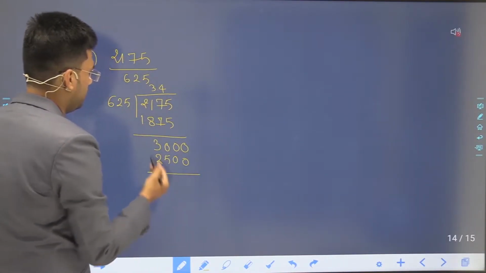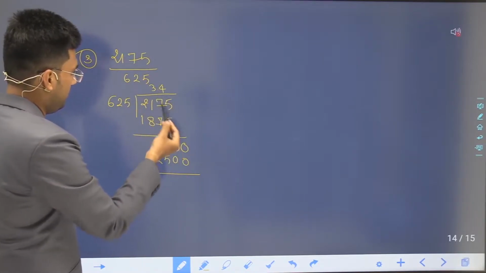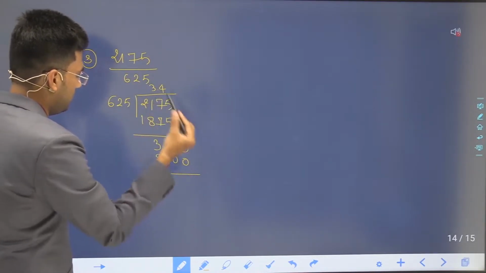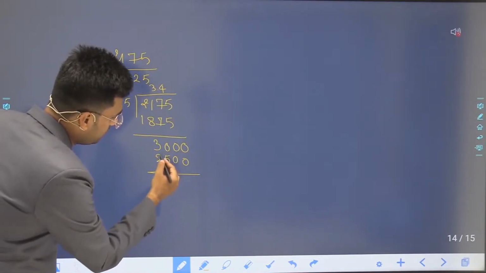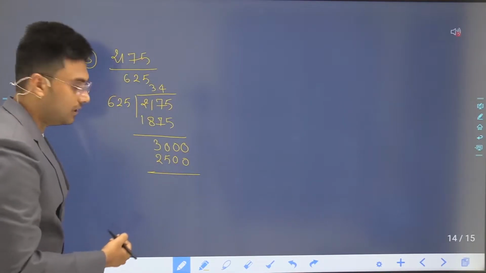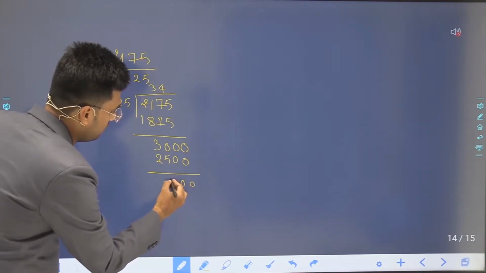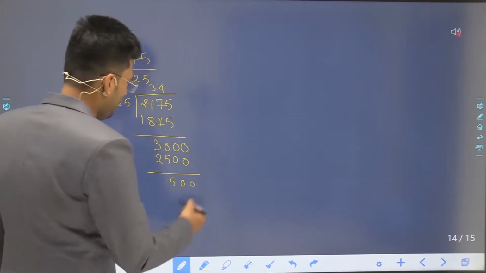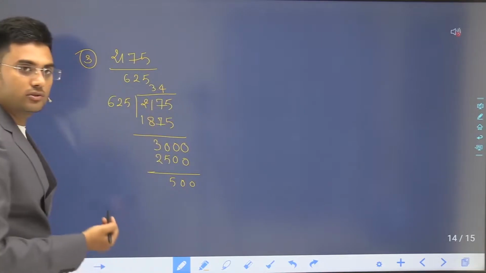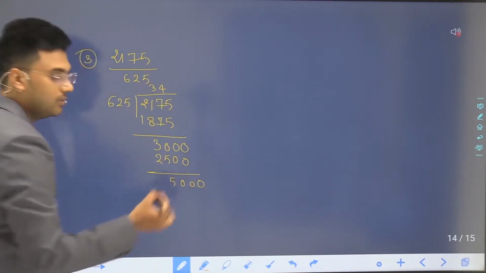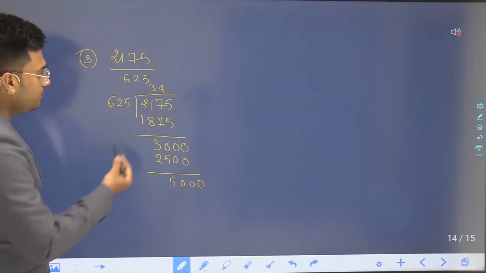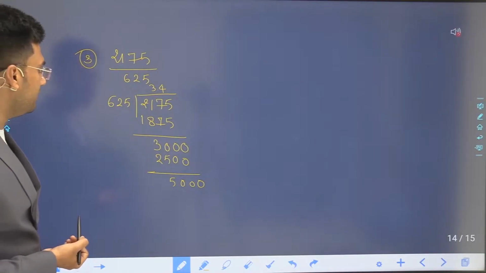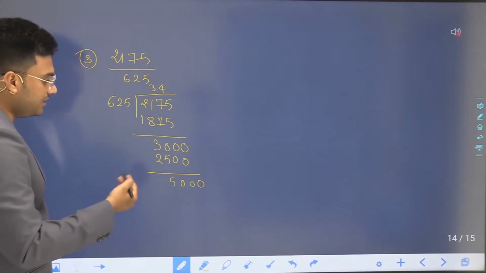4 times 625 is 2500. Let's check one more time. Now the difference of 3000 and 2500 is 500. We already used the decimal, so take 0. Now there is 500 and the divisor is 625. Let's check how many times it divides.